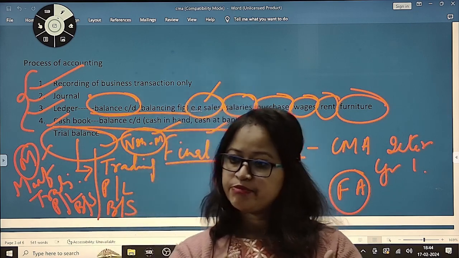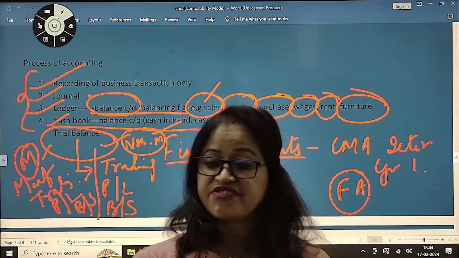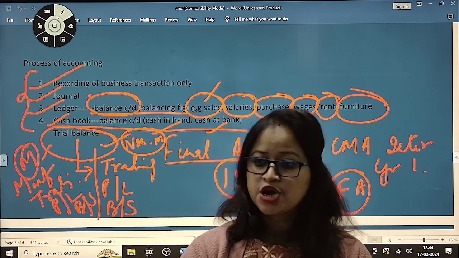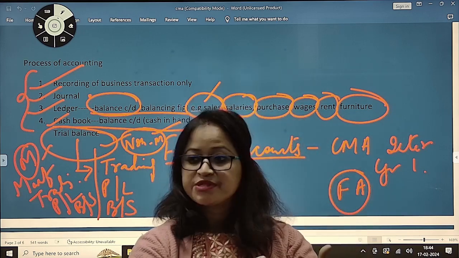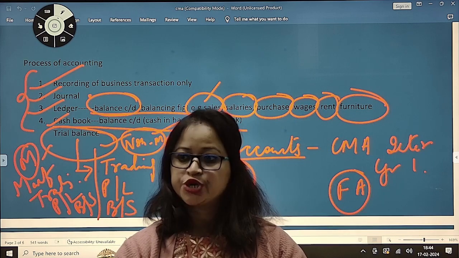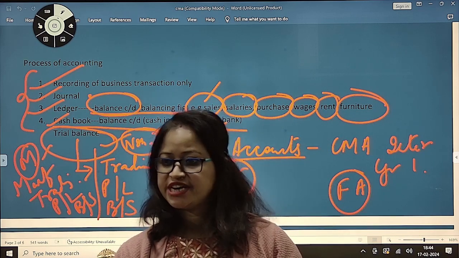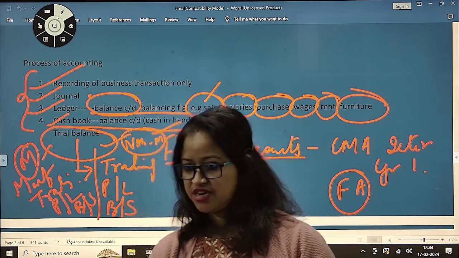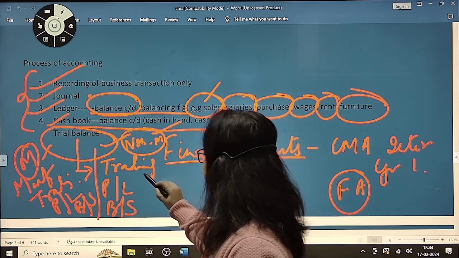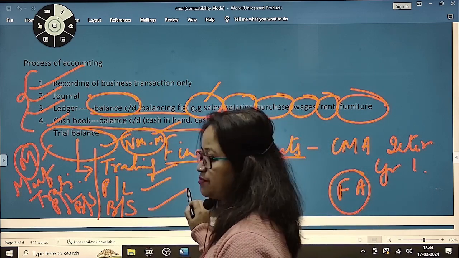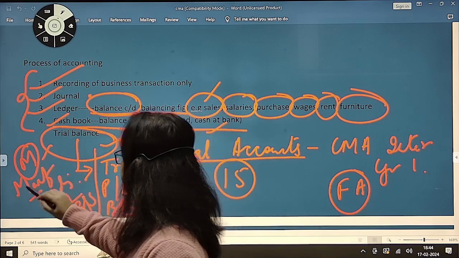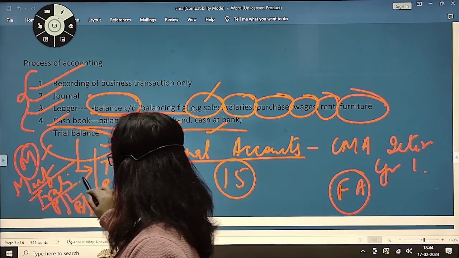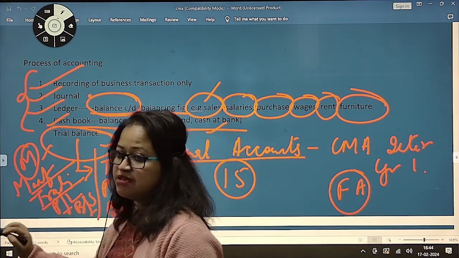That is your manufacturing company. Non-manufacturing companies are those who buy goods from the producers, that means they procure it, and sell it to the customer. They do not manufacture. Those entities prepare a trading account, PL account and balance sheet. The manufacturing companies prepare a manufacturing account, trading account, PL account and balance sheet.